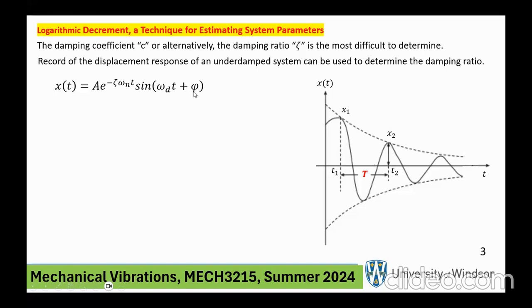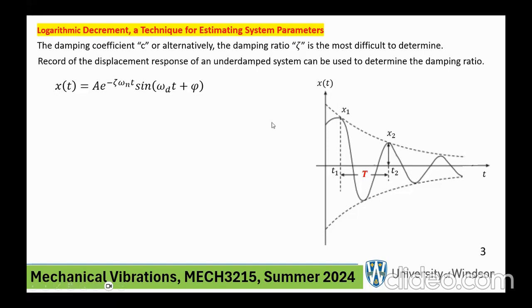But at the end of the day, if you use an accelerometer, for example, to find the position versus time, you get a curve like this. Notice that this is periodic, it has a period which is T. This repeats itself, and this T is related to omega d, not omega n.